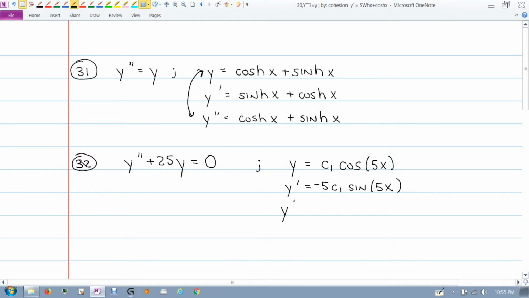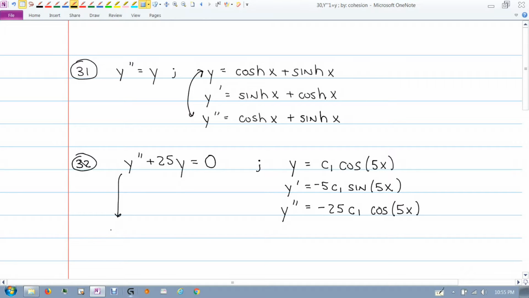And then when we take our second derivative, we're going to get a 5 to pop out again. So minus 25c1 cosine. Derivative of sine is cosine, so we don't have a negative that pops out this time. So that's it. So now we just check it here.